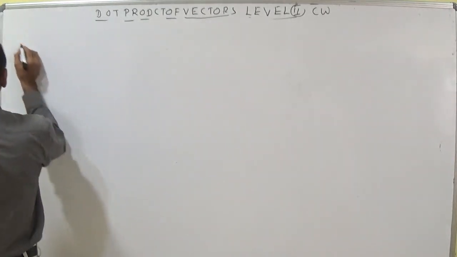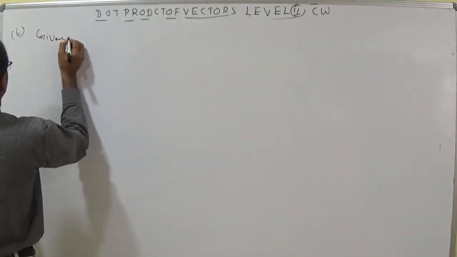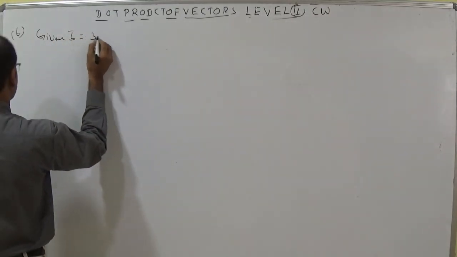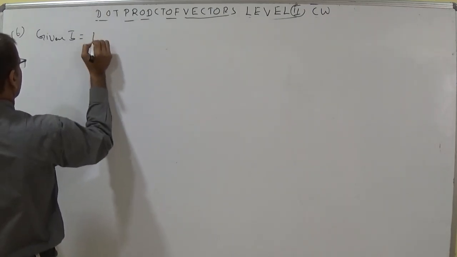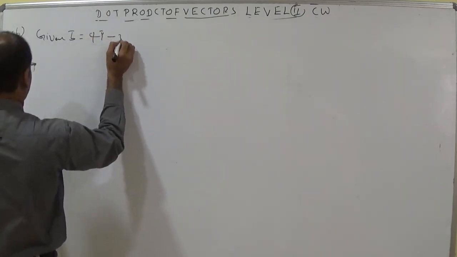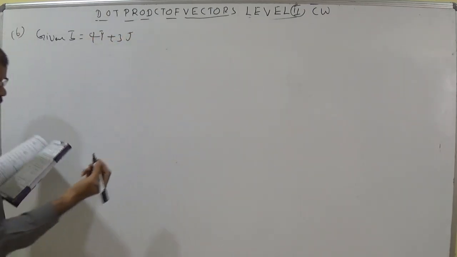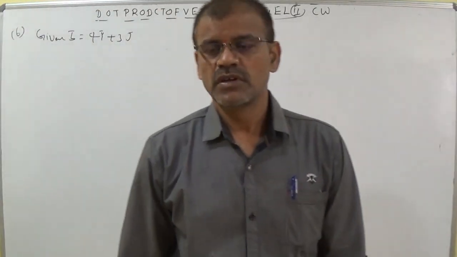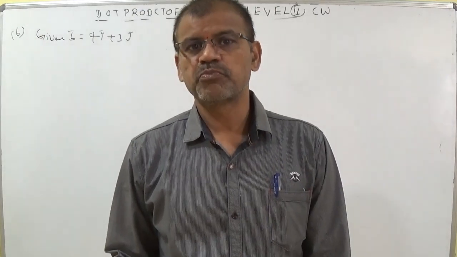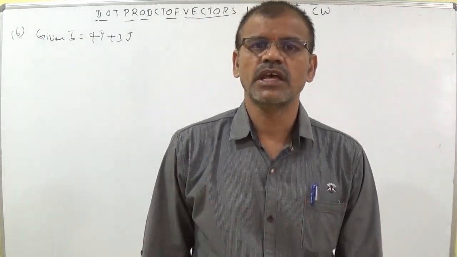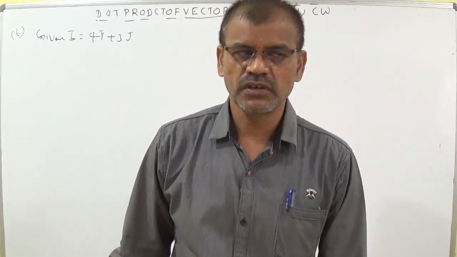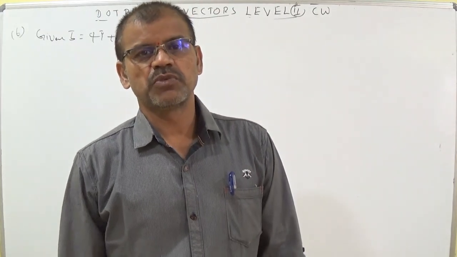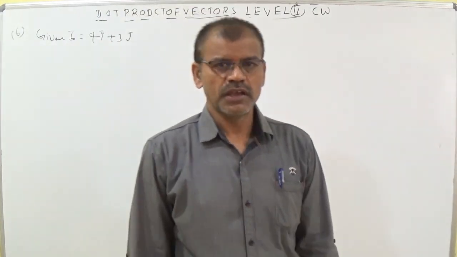The vector. Sixth question. Let us write: given value b bar is equal to 4i plus 3j. Let us think about the perpendicular equation of a line ax plus by plus c equal to 0 in geometry. Ax plus by plus c equal to 0 is a line.